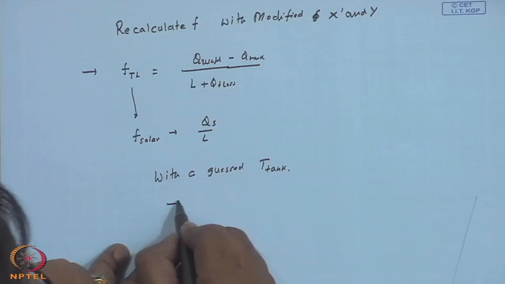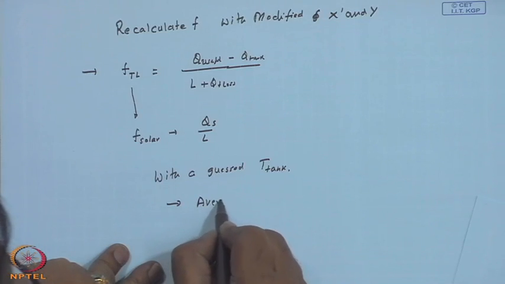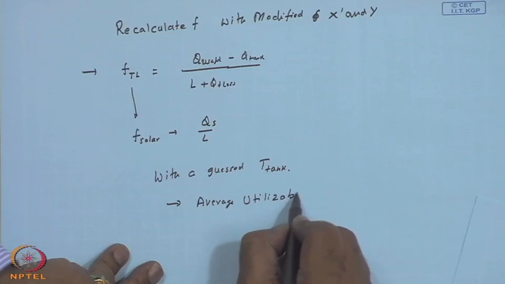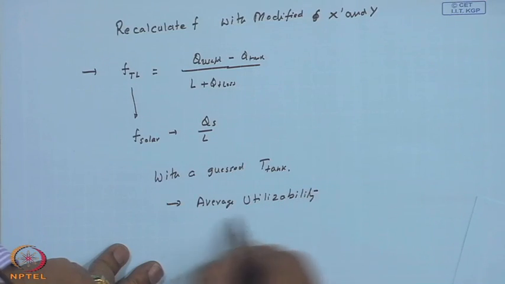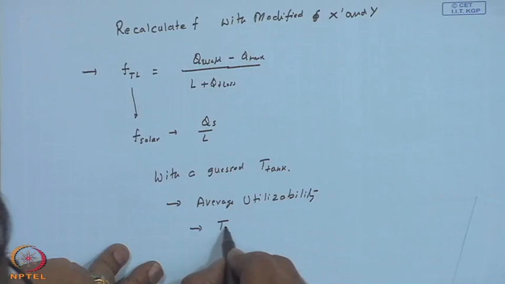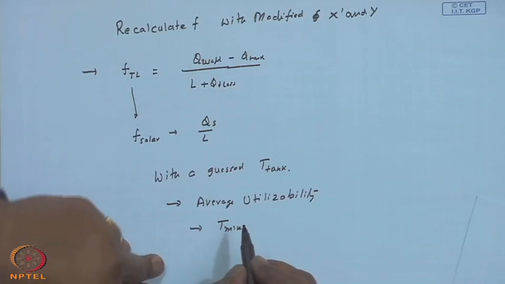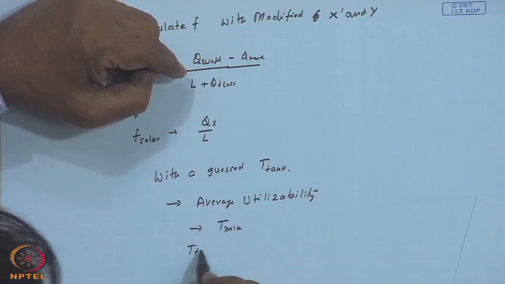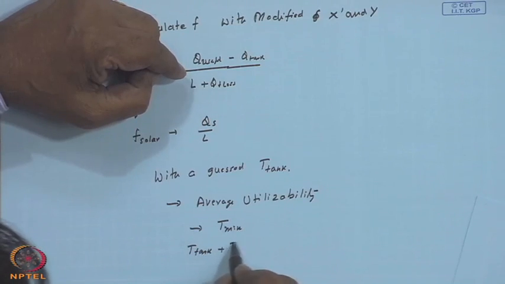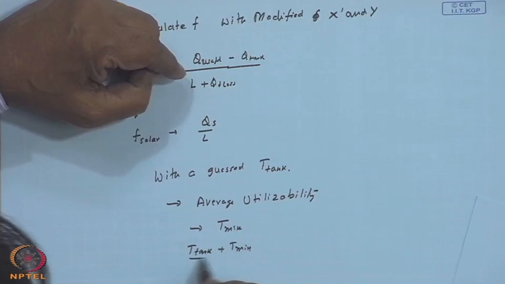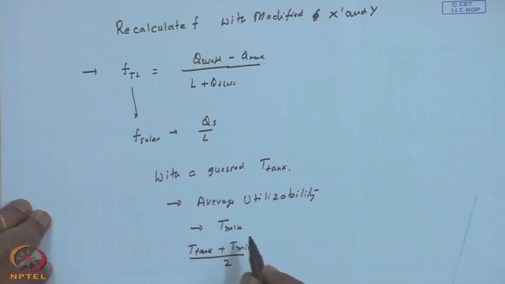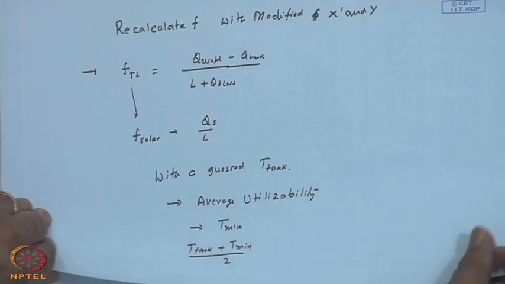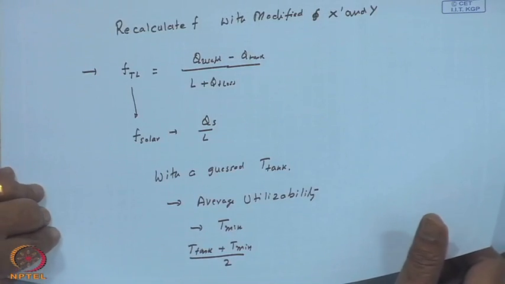So, this will correspond to some average utilizability. So, that will correspond to certain other T minimum. So, the collector will be having an input something like T tank plus T minimum by 2. So, you iterate until the difference becomes small to a 0.1 degree or 0.05 degree, whatever is the accuracy you require.